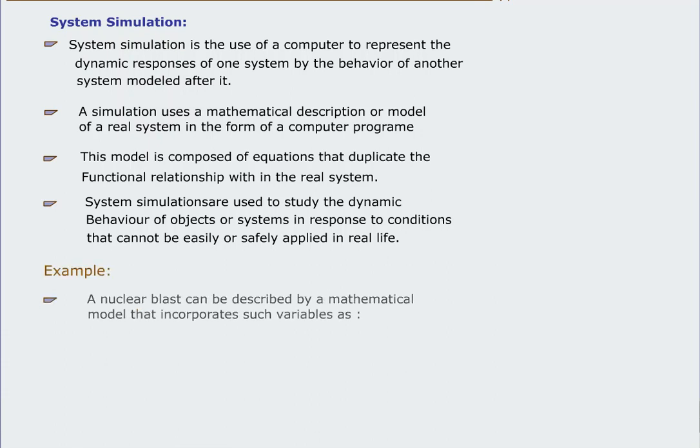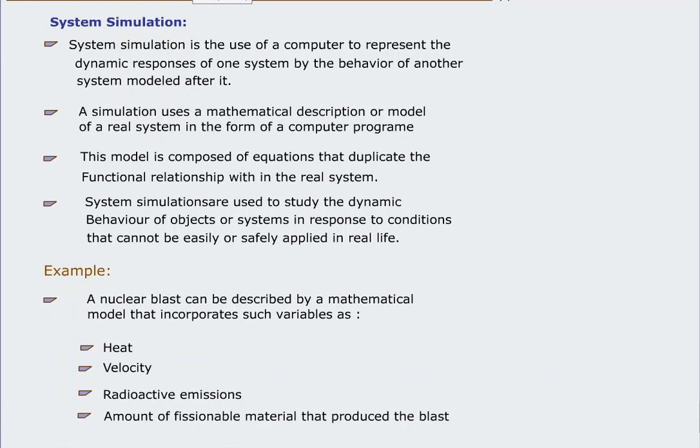For example, a nuclear blast can be described by a mathematical model that incorporates such variables as heat, velocity, and radioactive emissions. Additional mathematical formulae can then be used to adjust the model to changes in certain variables, such as the amount of fissionable material that produced the blast.